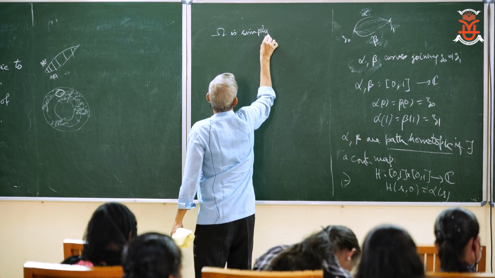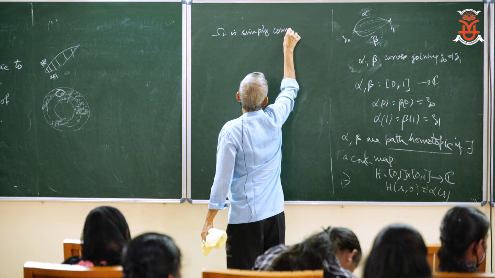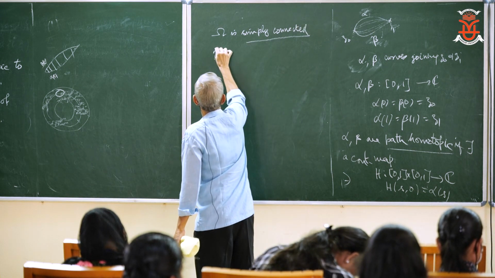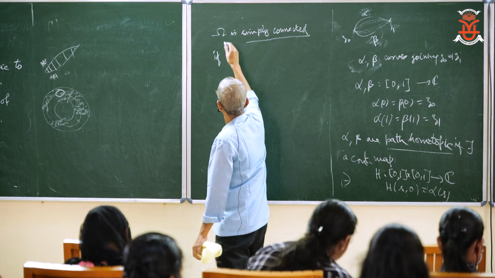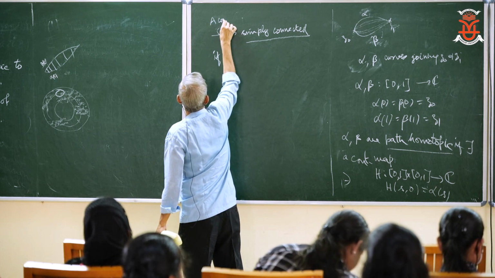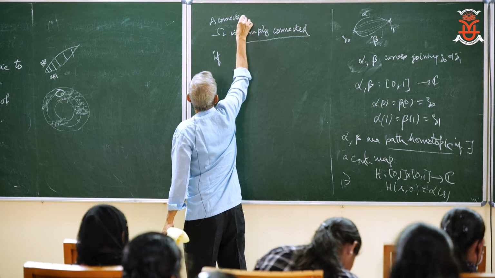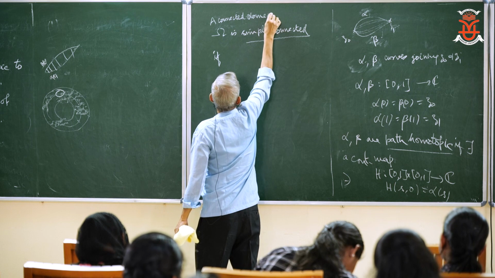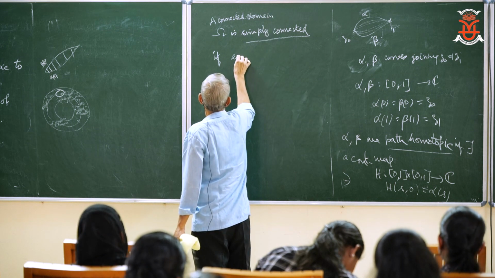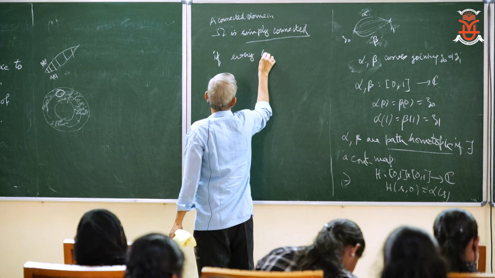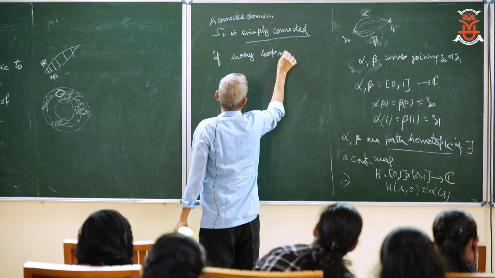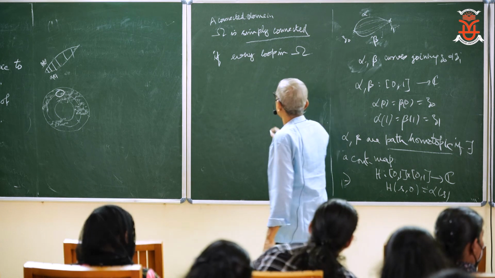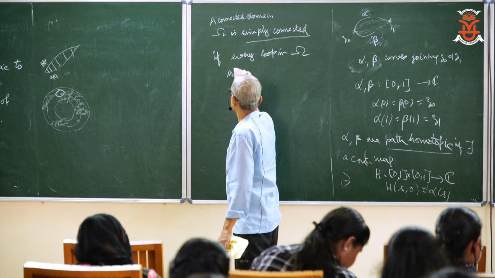Simply connected: the connected domain omega, every loop in omega is null homotopic.